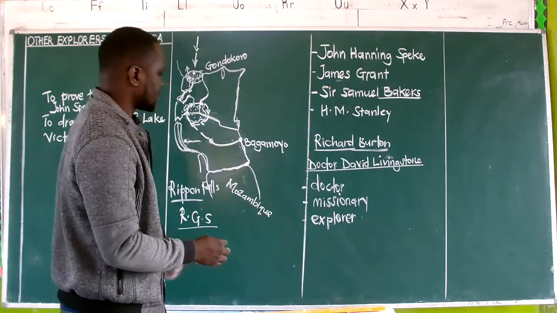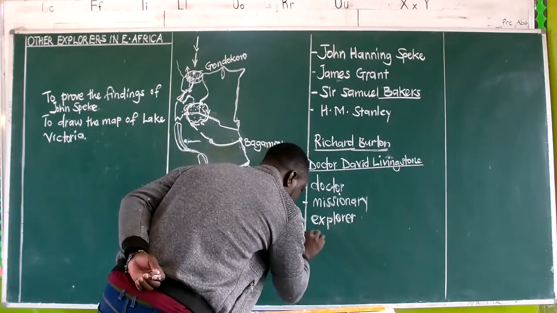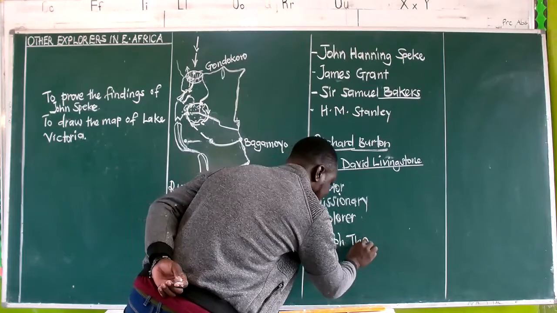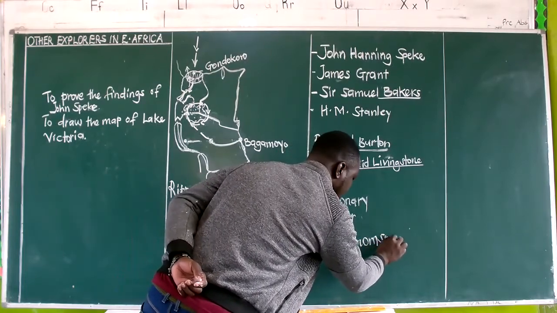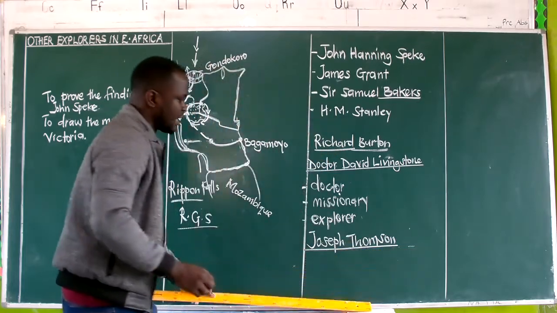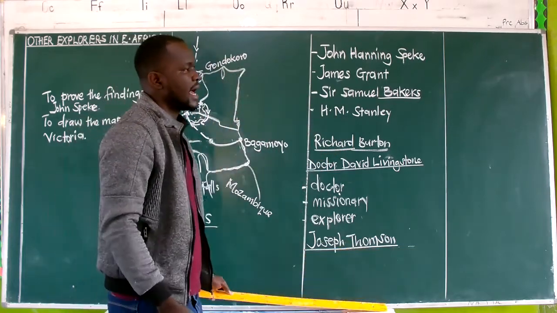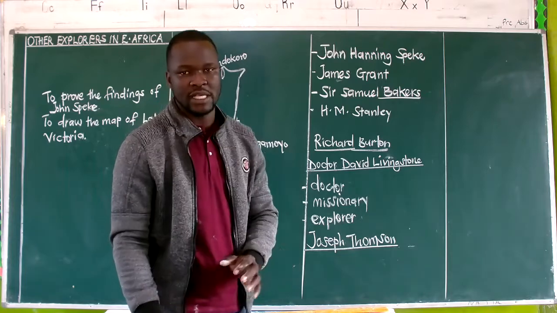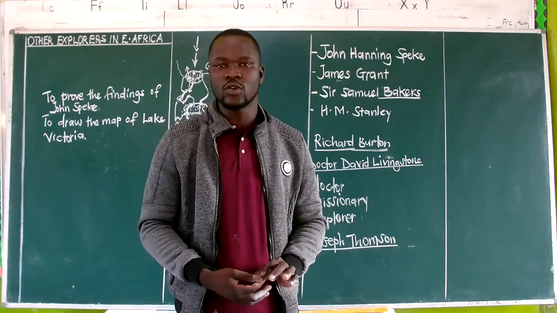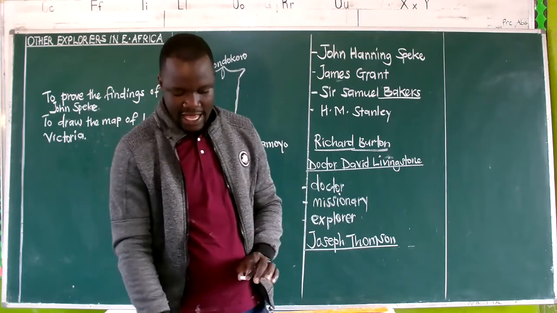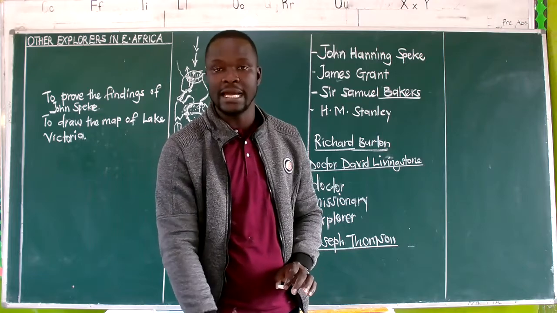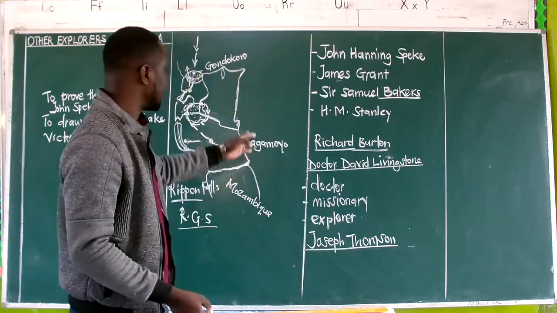Joseph Thomson. This is the spelling for Thomson. We are going to correct the one we have in our workbooks. Joseph Thomson, this is the person. This is the explorer who managed to cross the Maasai land. You will find that, like we say, all other people had feared to cross the Maasai.